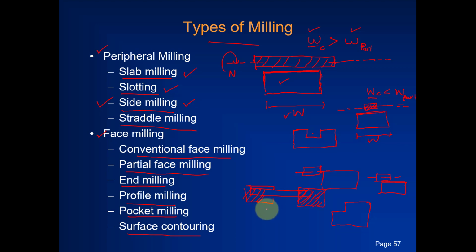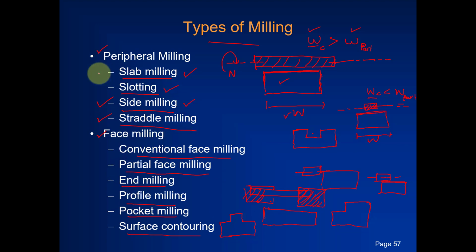And if you have a part like this, after performing the operation, both the sides will be cut at the same time. So you will get the object like that. So it is also side milling, but now both the sides are cut simultaneously. Clear? So that type of operation is known as straddle milling.